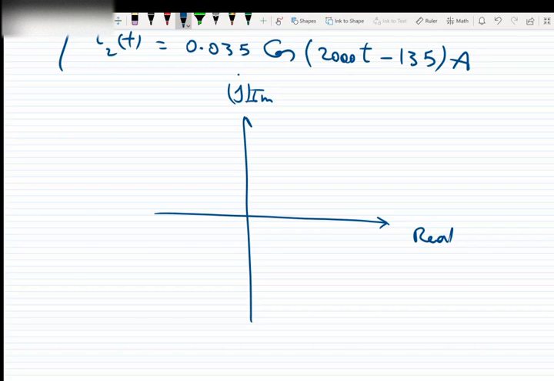V is here with the value of 39.7 and the angle of negative 71.9.